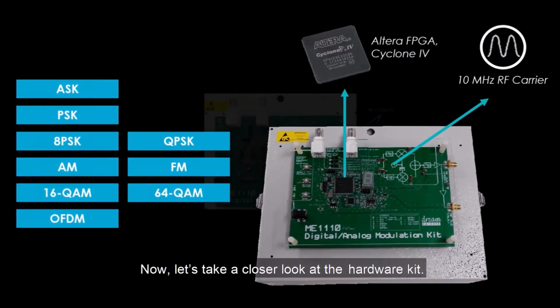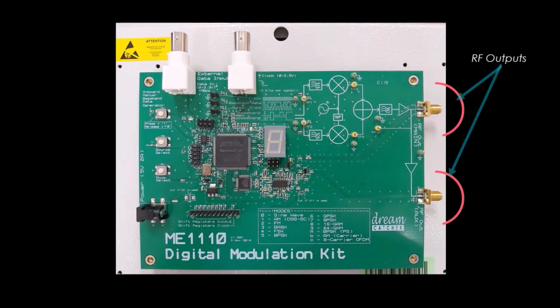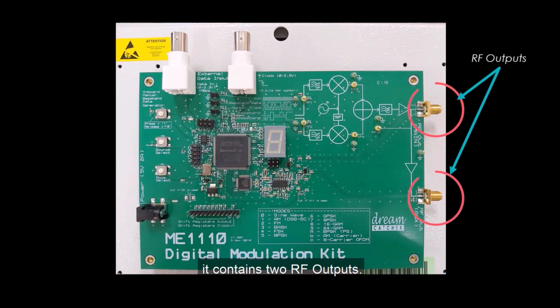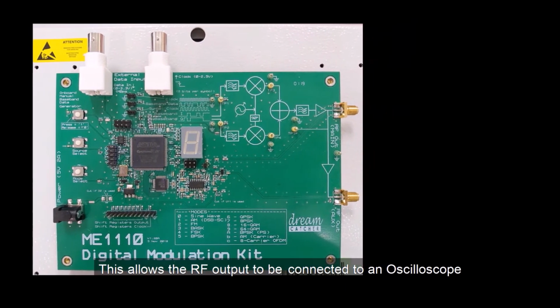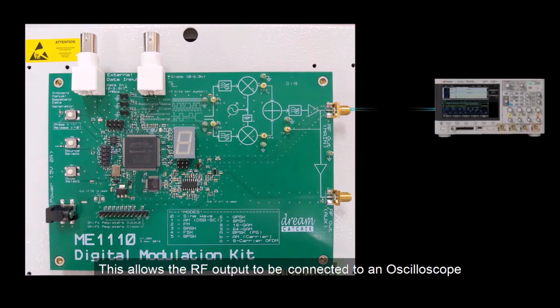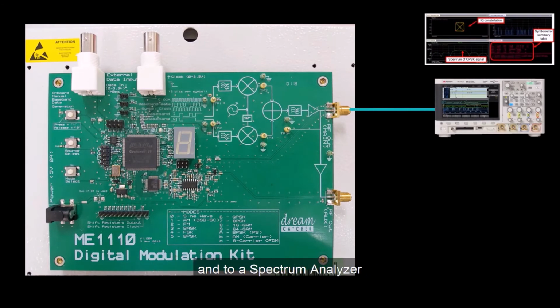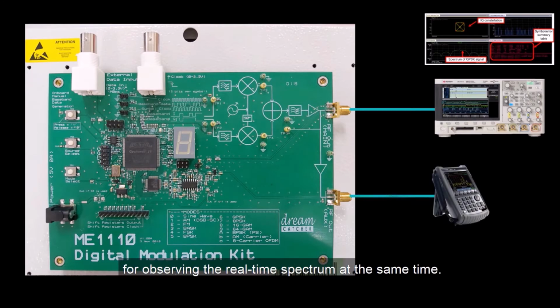Now, let's take a closer look at the hardware kit. One feature of the board that we want to highlight is that it contains two RF outputs. This allows the RF output to be connected to an oscilloscope for spectrum analysis and demodulation, and to a spectrum analyzer for observing the real-time spectrum at the same time.